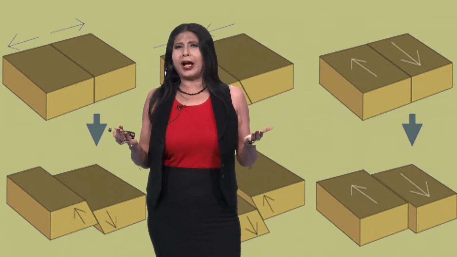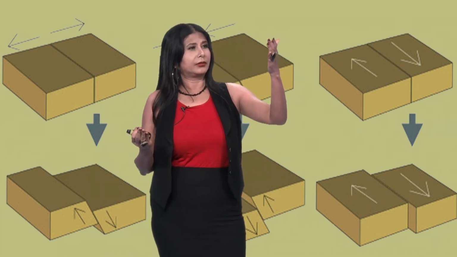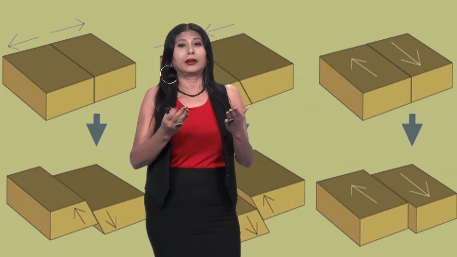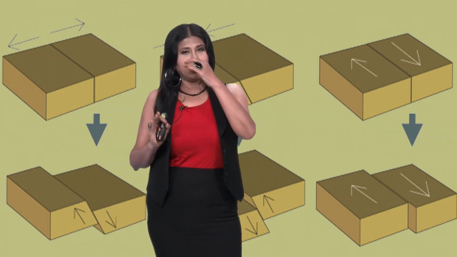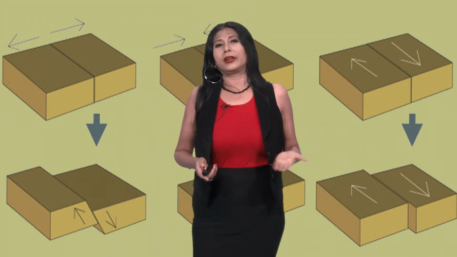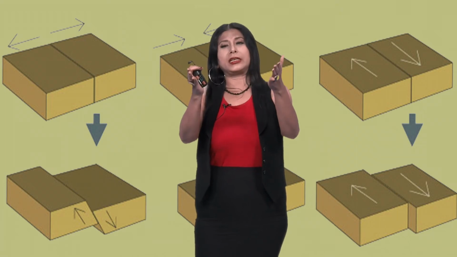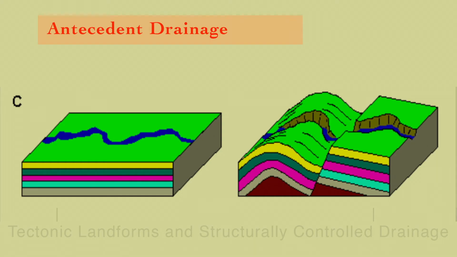But what if I find that a river appears to be flowing upward? But it can happen if tectonics is there. In the first picture, what we see is a river flowing on a plain area, following whatever slope it has.